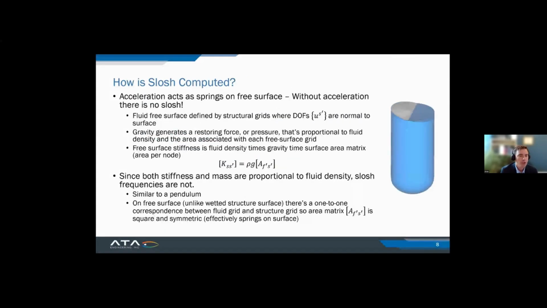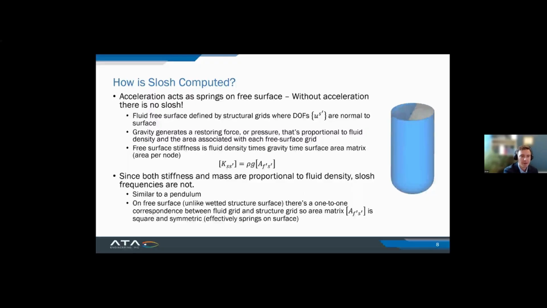Sloshing is computed within Nastran by essentially creating a set of artificial grid points at the free surface. Each of these nodes now gets a new degree of freedom that only has a normal displacement degree of freedom.